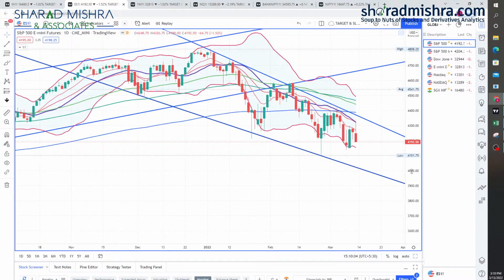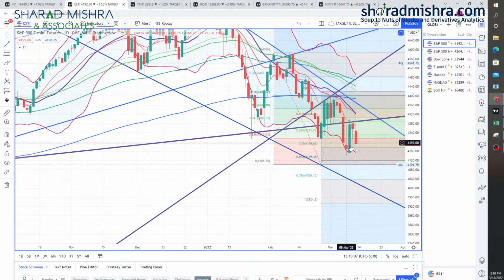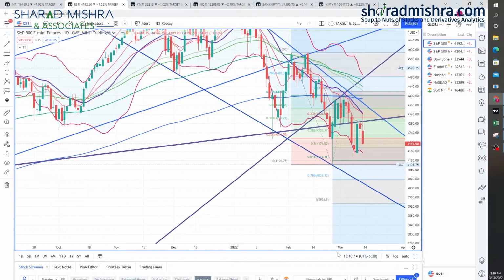If you look at the daily charts, we have got the close of S&P futures at the day's low. The falling 10-day MA is acting as a resistance since 7th of March, and we had discussed that this is a particular trend line in which the index was trading from 25th of Feb till 4th of March. After that, it has given a breakdown, and since then we are seeing a sell-off, and this trend line is acting as a resistance.